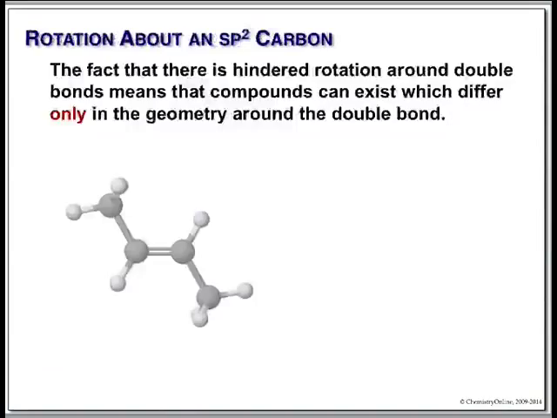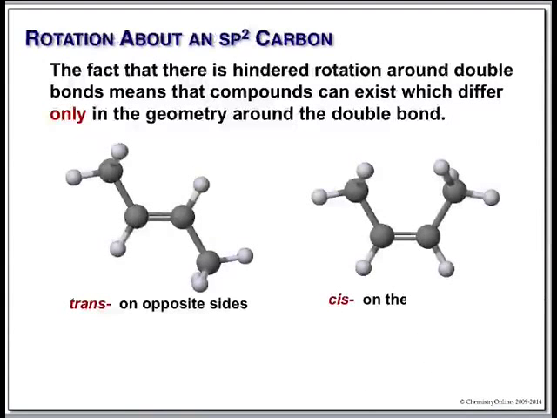Now the result of that was that we could have stereoisomers. This was the first type of stereoisomer we looked at. We basically said that because we can't rotate around this bond, that these were different compounds. When we have a double bond with our substituents attached on opposite sides of our double bond here, we call that trans.